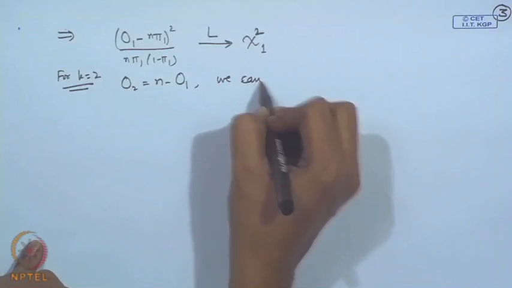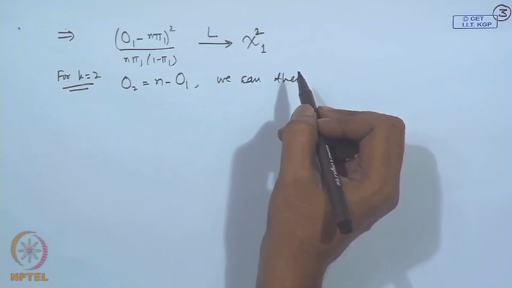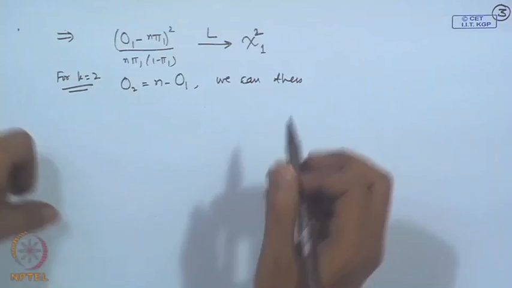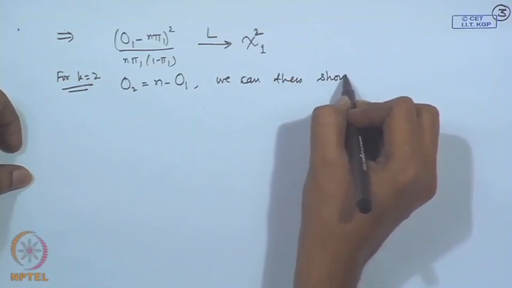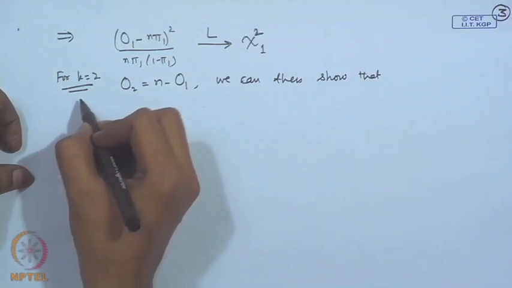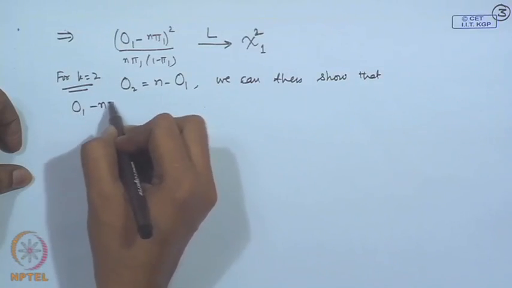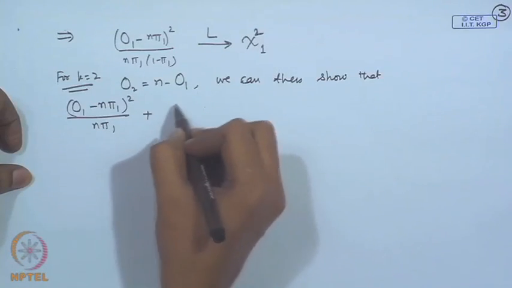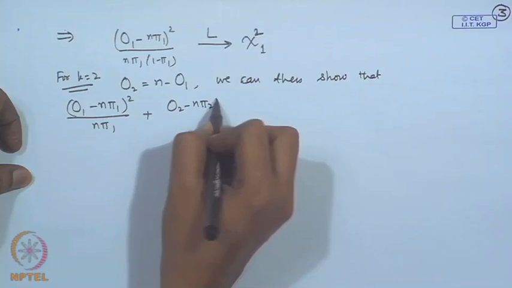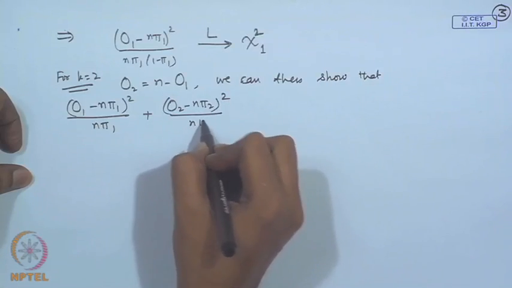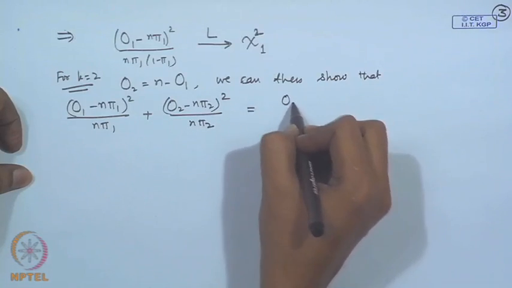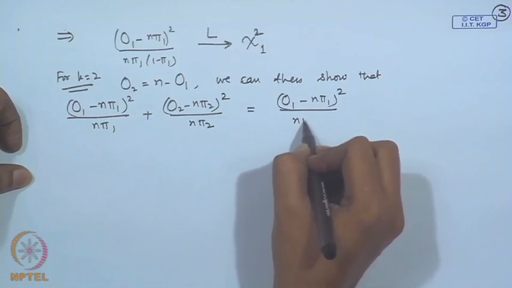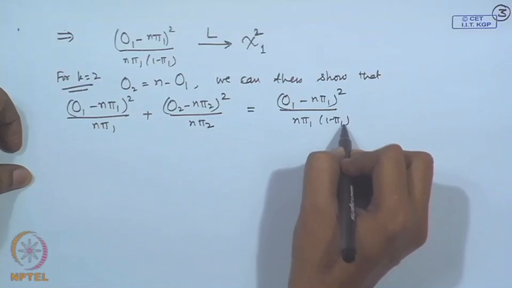So, we can then show that (O1 minus n pi1) whole square divided by n pi1 plus (O2 minus n pi2) whole square divided by n pi2, that is equal to (O1 minus n pi1) square divided by n pi1 into (1 minus pi1).